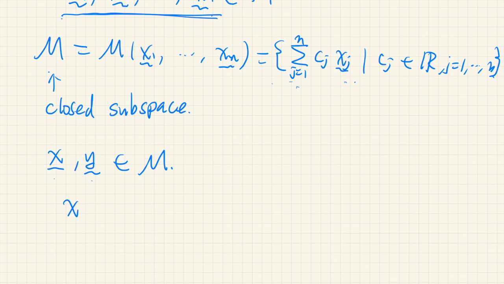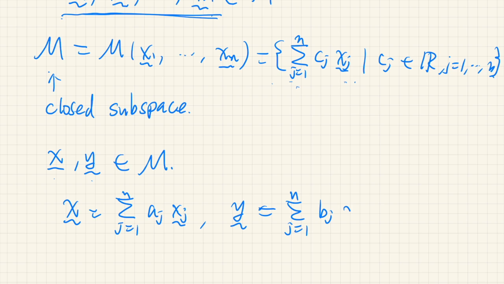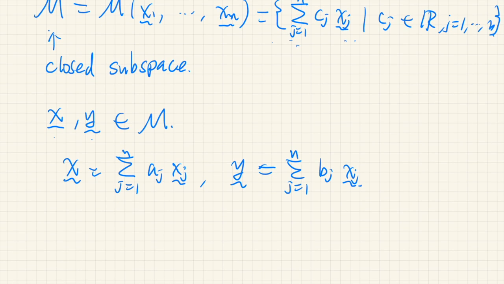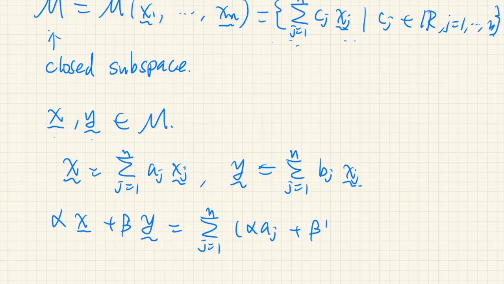So x can be expressed as the sum over j from 1 to n of a_j x_j, and y similarly as the sum of b_j x_j. If alpha and beta are any real numbers, we have the sum over j from 1 to n of (alpha a_j plus beta b_j) x_j.